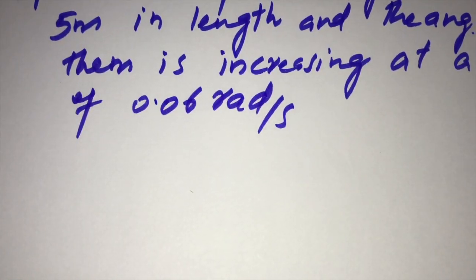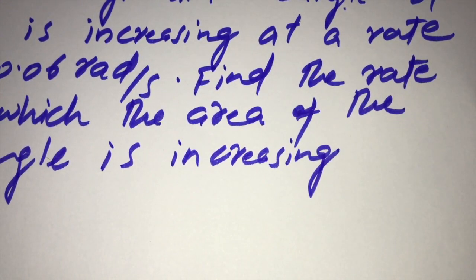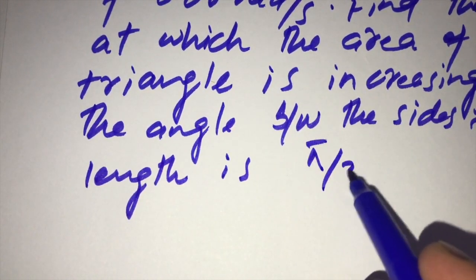Find the rate at which the area of the triangle is increasing when the angle between the sides of fixed length is pi by 3.